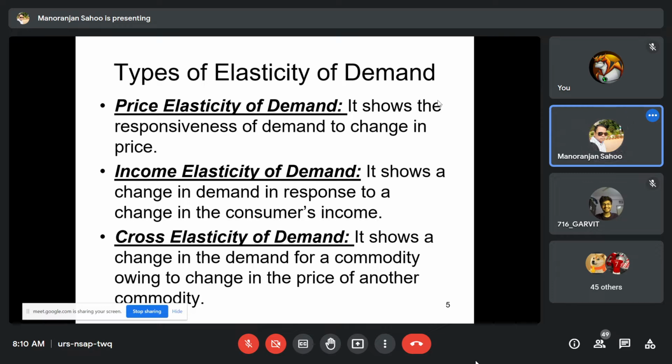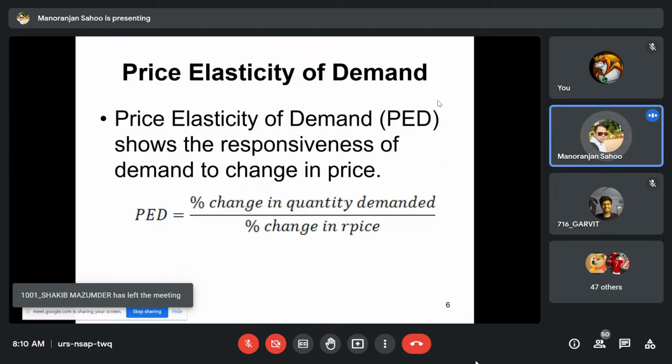And in the cross elasticity of demand, we are measuring the elasticity in the context of related goods like substitute goods and complementary goods. First, we'll discuss the price elasticity.